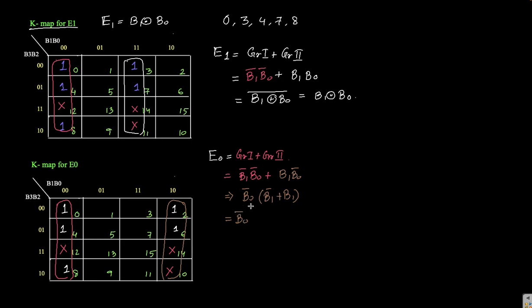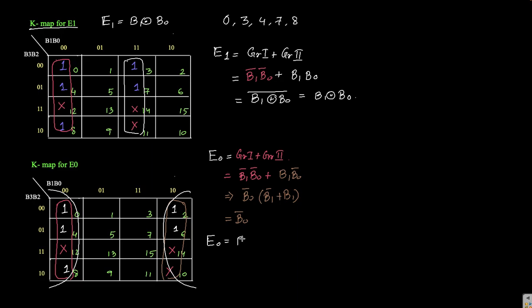Another way we can express it: if we take this and this as one group, then you can see that E0 is directly B0 bar.